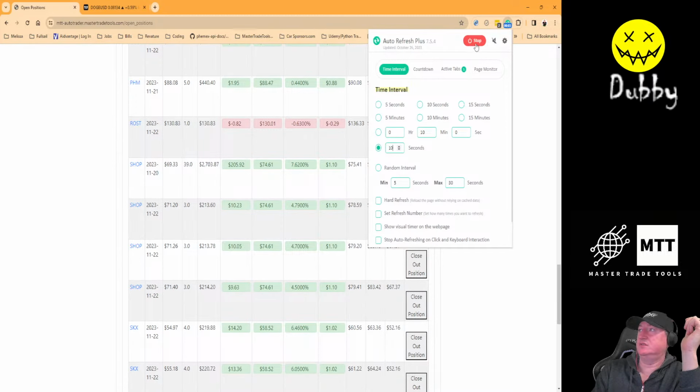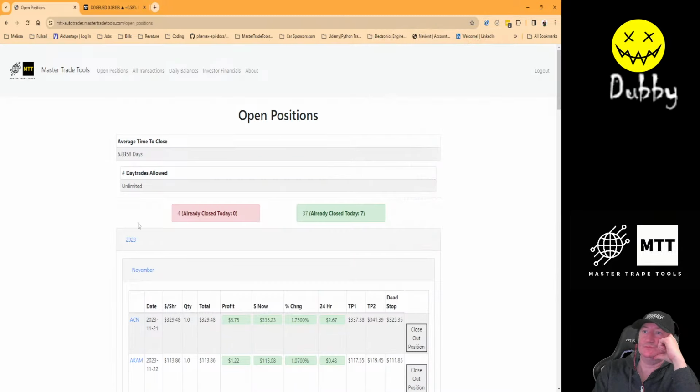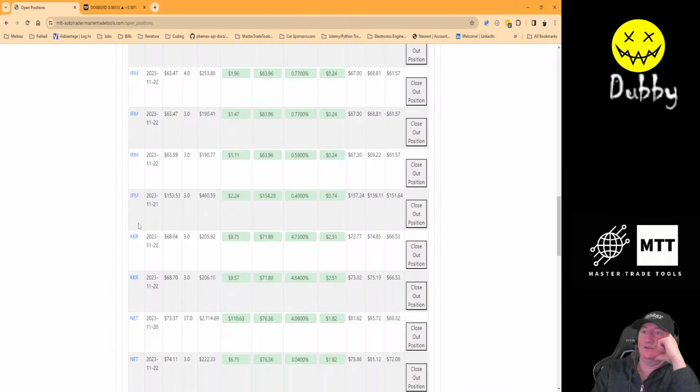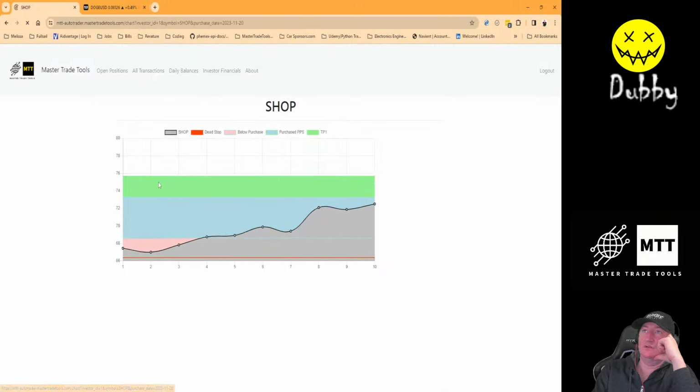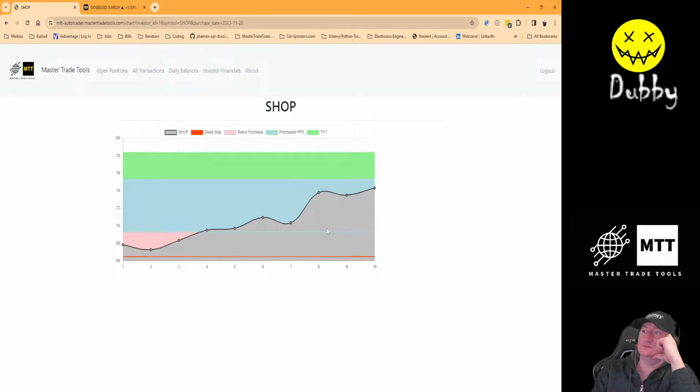We'll do every 10. Okay, Shopify. All right, so yeah, as you can see, we were in the red to start with, but a continuous bullish trend. We are currently at 74.31, and our take profit point is 75.40.